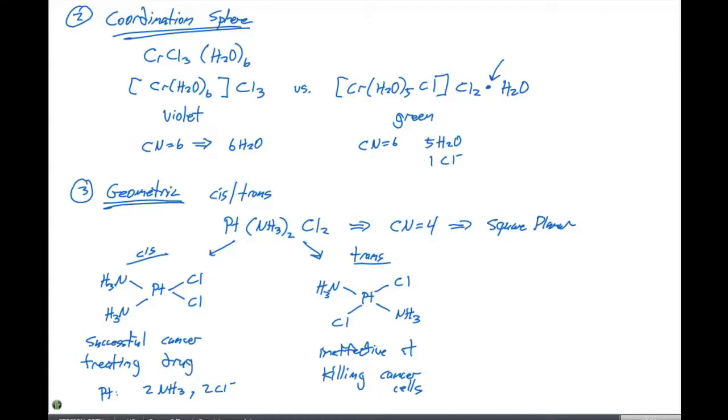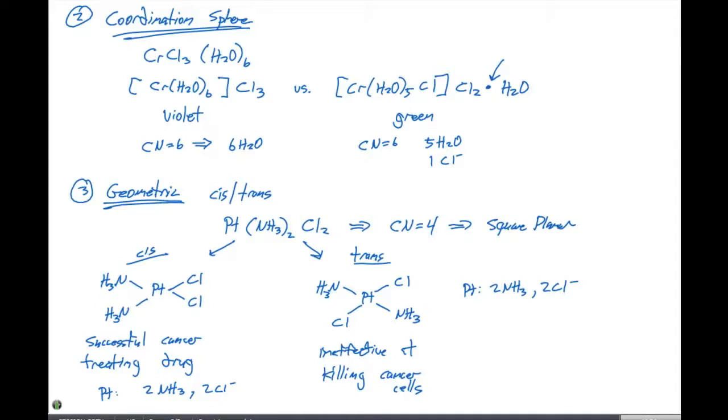In the trans complex, we have platinum at the center, coordinated to 2 NH3s and 2 Cl minuses. So everything coordinated to that central transition metal is exactly the same. They're just oriented a little bit differently in space.